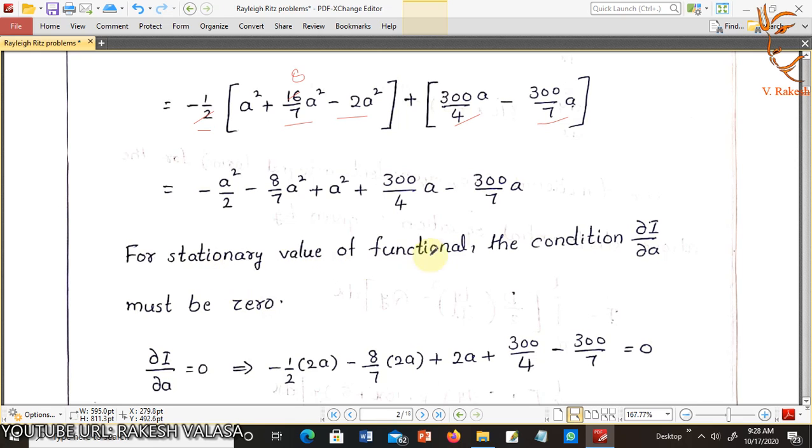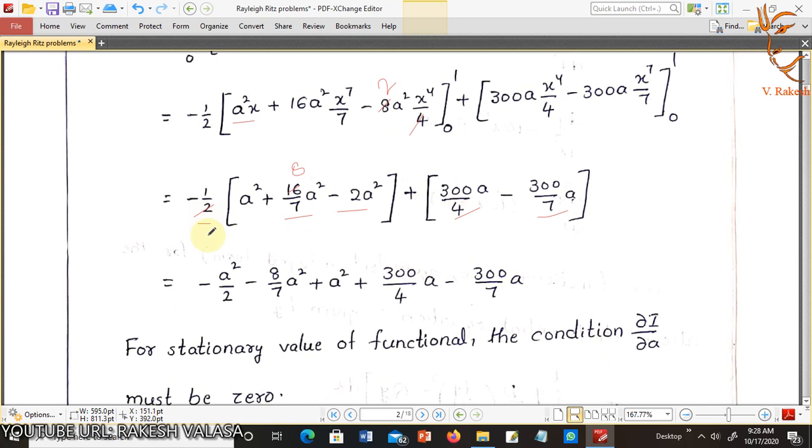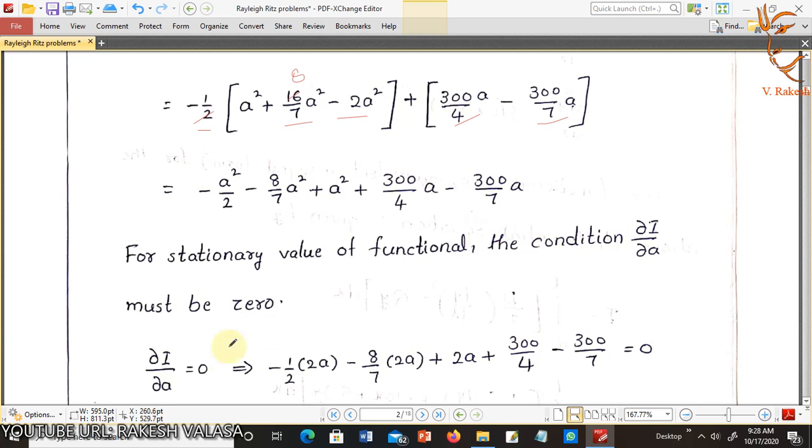For the stationary value of the functional, the condition dou I by dou a must be 0. So take the partial derivative of the functional: dou I by dou a equals minus 1 by 2 a square, partial derivative 2a, minus 8 by 7 a square, partial derivative 2a, plus a square 2a, plus 300 by 4 a, partial derivative 300 by 4, minus 300 by 7 a, partial derivative minus 300 by 7, that equals 0.